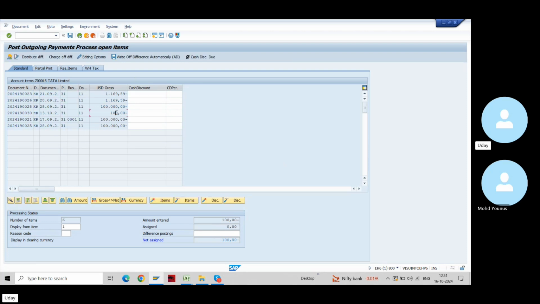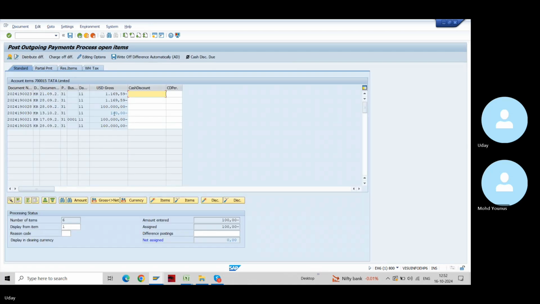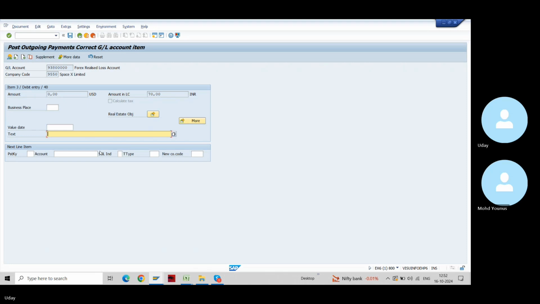I'm selecting this KR. Now you can see here Tata Limited debit, Forex realized loss debit to bank. I'm coming back again.